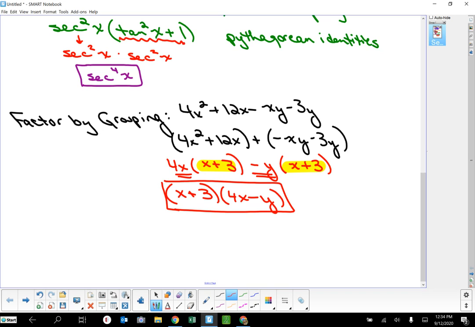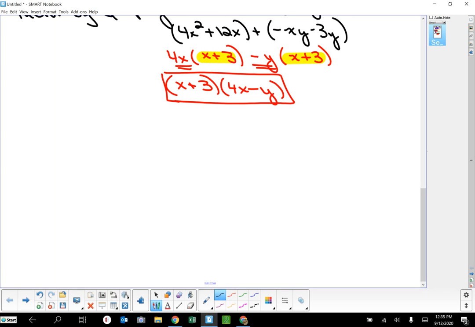All right, well, we can do essentially, again, the same thing with trig functions. And so here is a factor by grouping with trig. So we're going to start with secant cubed minus secant squared minus secant plus 1.